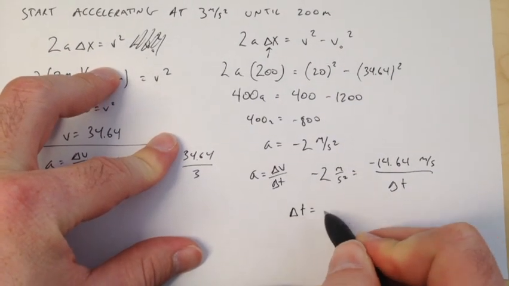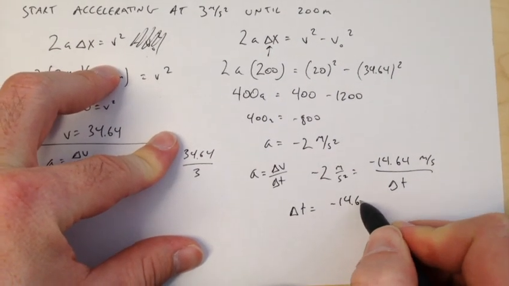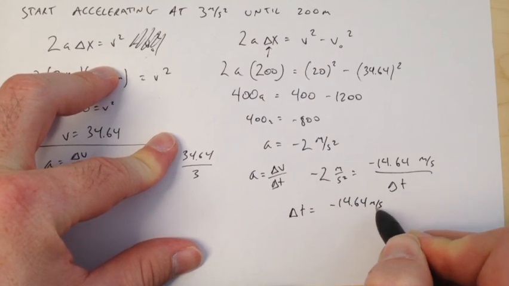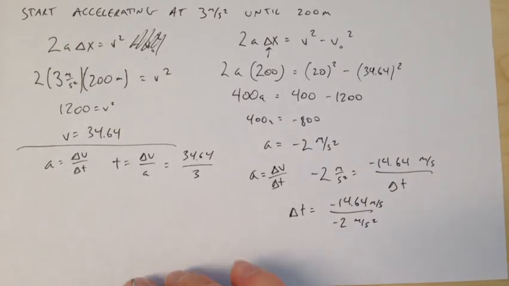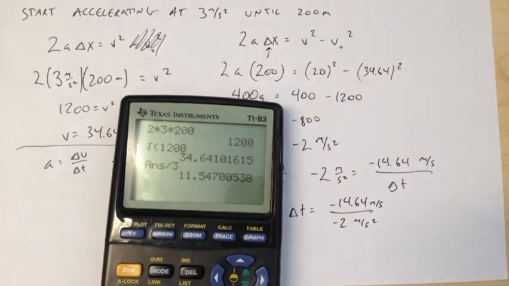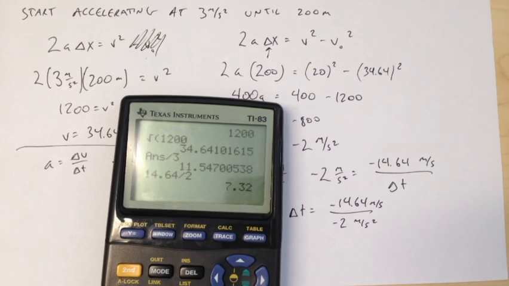Delta t equals -14.64 meters per second over -2 meters per second squared. 14.64 divided by 2 is 7.32 seconds.